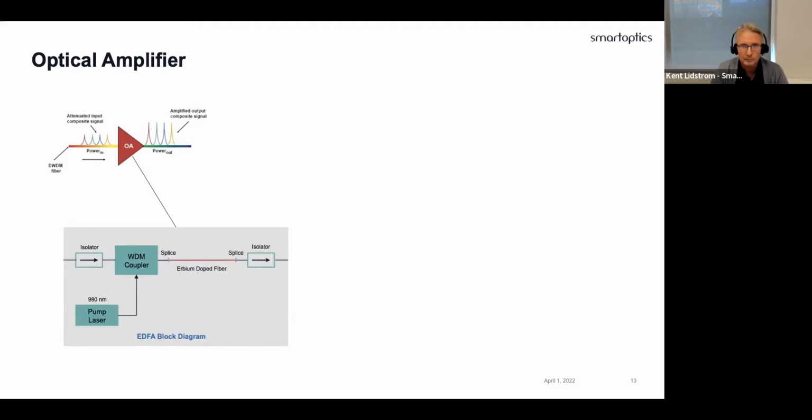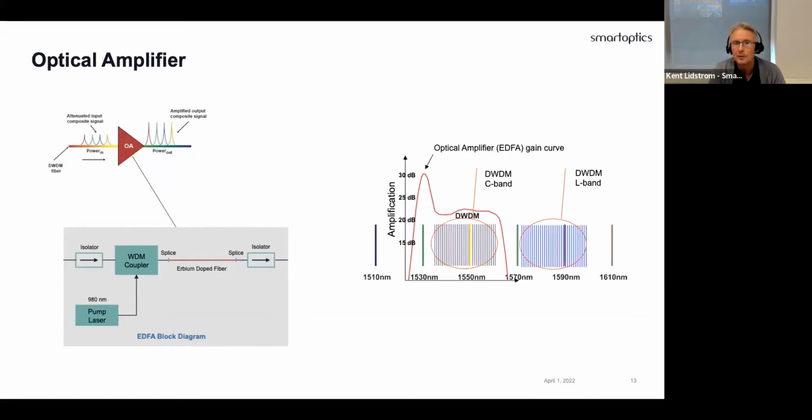Very commonly used. And if you then jump to the next one there, you can see here that the characteristics of an erbium doped fiber amplifier only work across a very small spectra of the entire transmission area. So you cannot use this for CWDM. You can only use it for DWDM over those 96 channels.